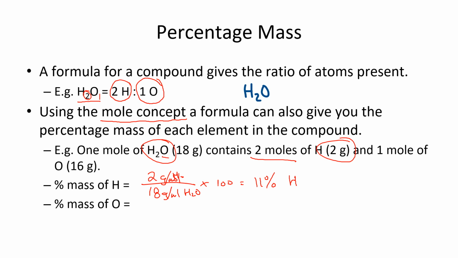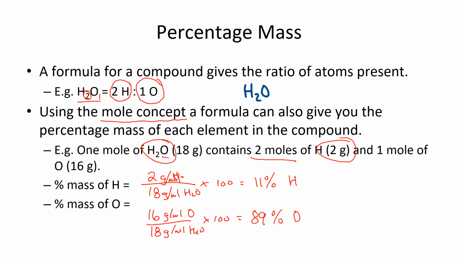And then for the oxygen, we can do the same thing. 16 grams per mole is the mass of oxygen in a mole of water. And then, of course, the total mass is 18 grams per mole. That's oxygen, that's water, times 100. Should give us the remainder, which would be 89% oxygen.